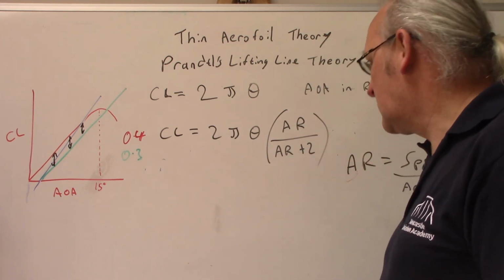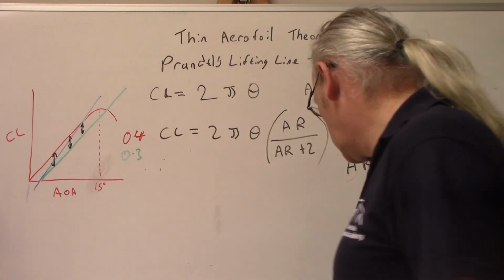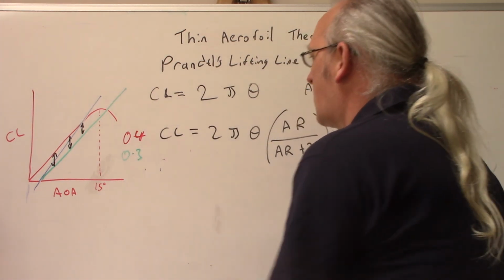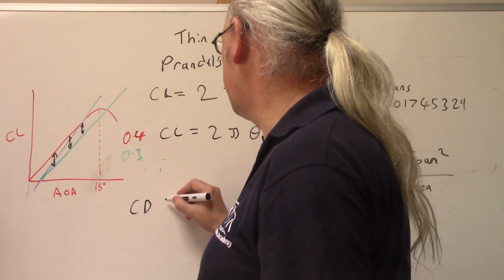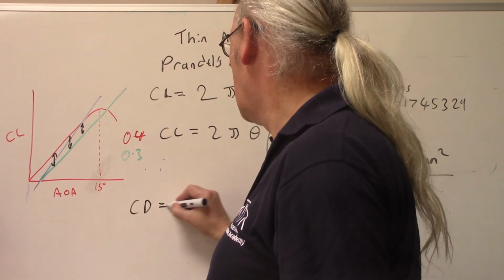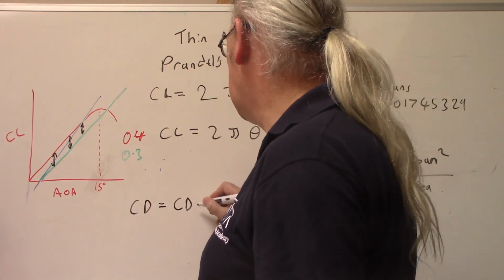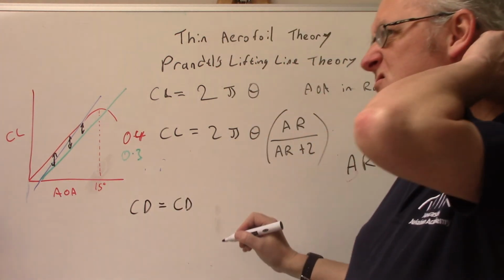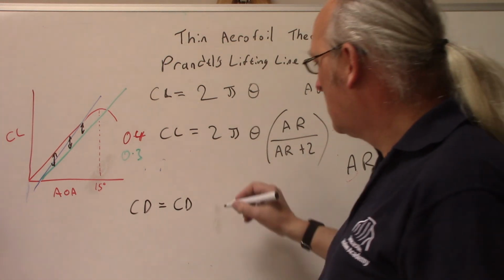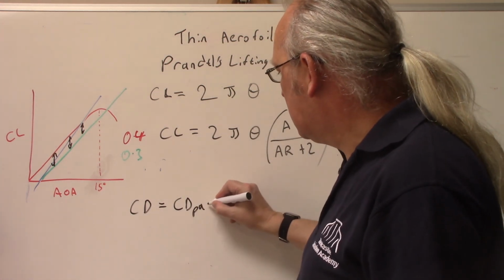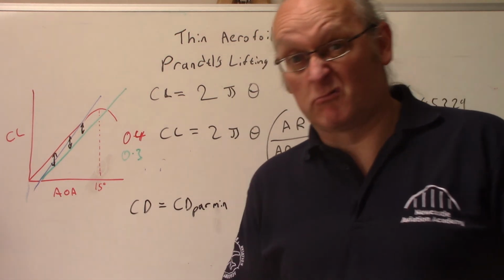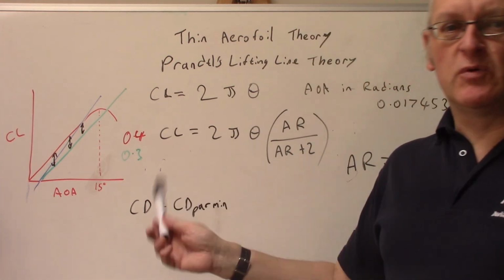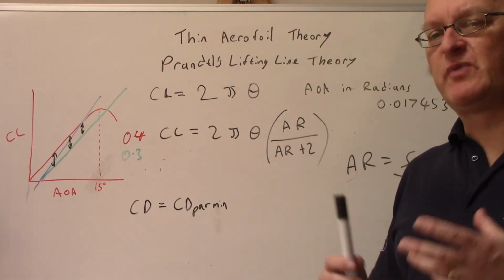Now, working out your coefficient of drag, I'm going to use another formula on here. Your coefficient of drag, and this is based on Prandtl's lift line as well, is equal to CD, and I'm going to call this CD par min, the minimum coefficient of parasitic drag.